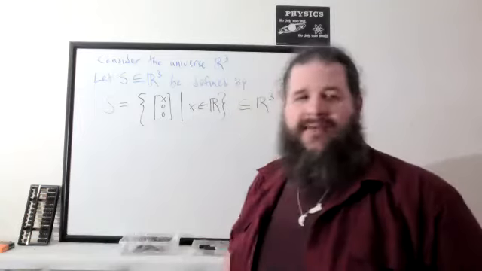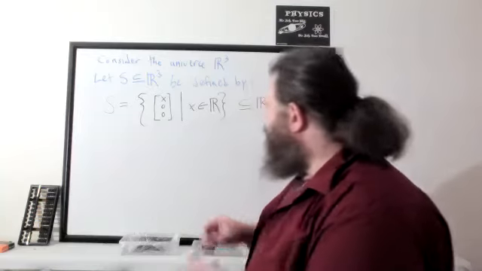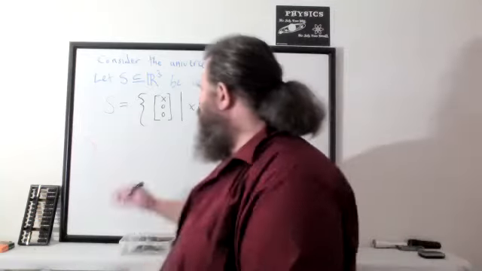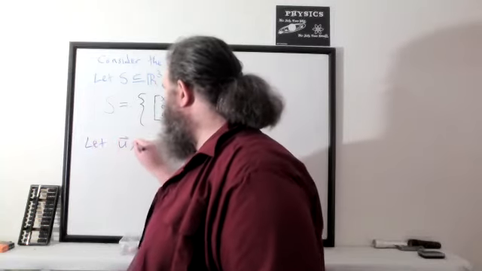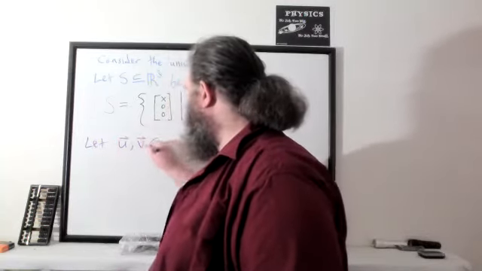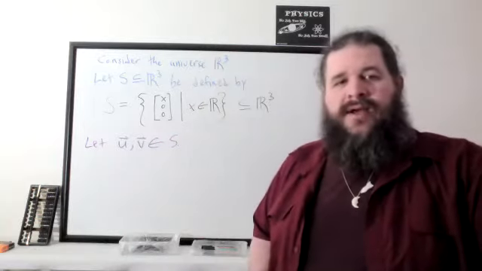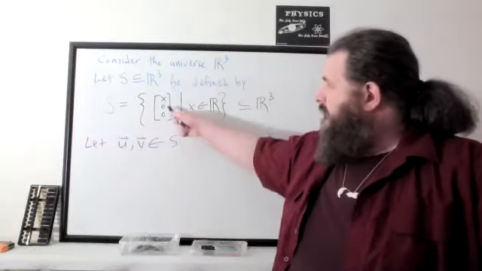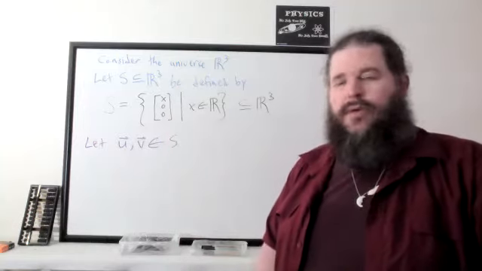Suppose we have two vectors that are both members of set S. Let's say vector U and vector V are both members of set S. Then the only thing we know about vector U and vector V is that they have 0 in the second and third components, but they could have any real numbers in the first component.